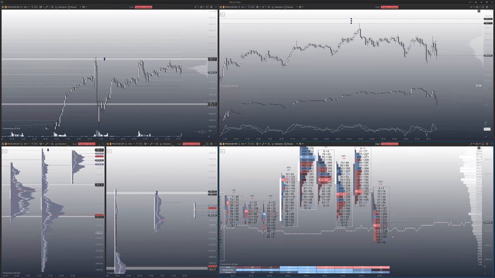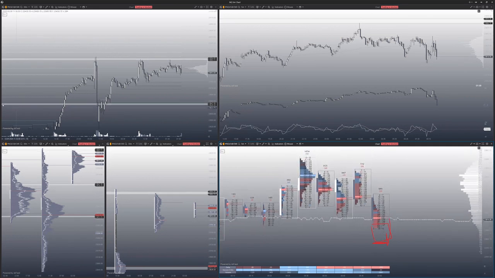If it holds these prices here, it can take the weak lows or the unfinished auction. It can take out and maybe go higher. Where can it go? It can go completely to the upside because we also have unfinished auction here.